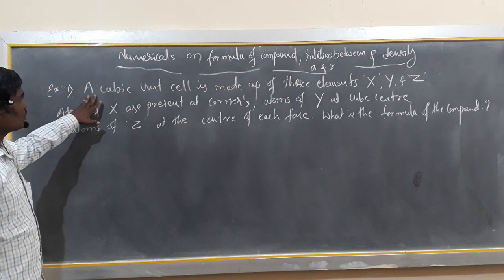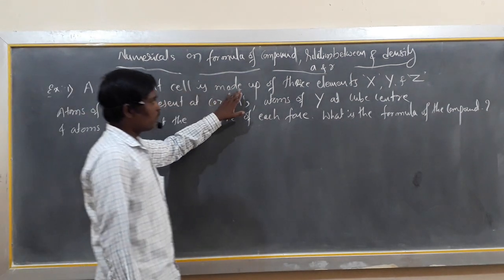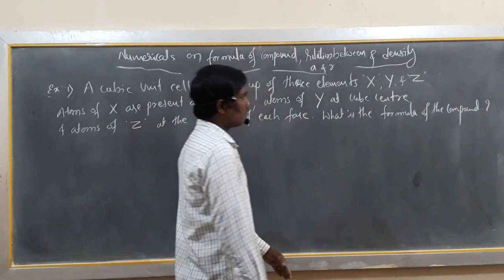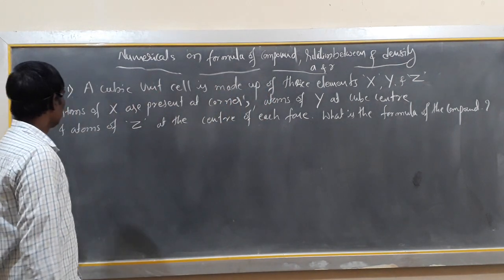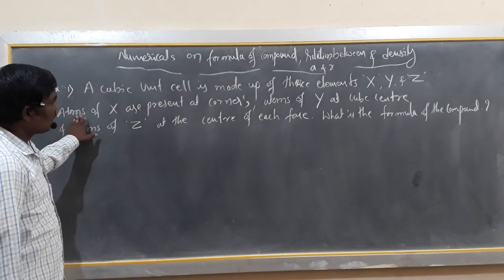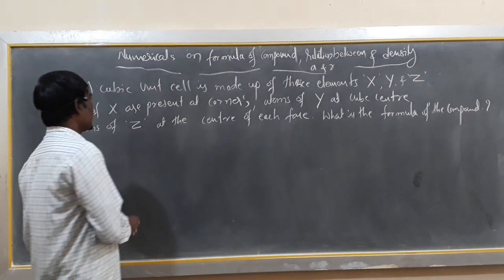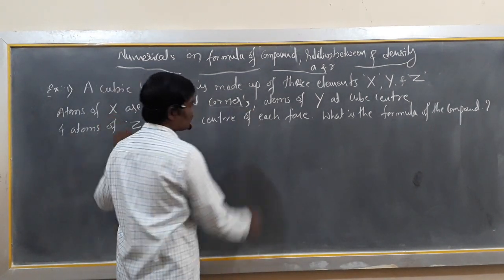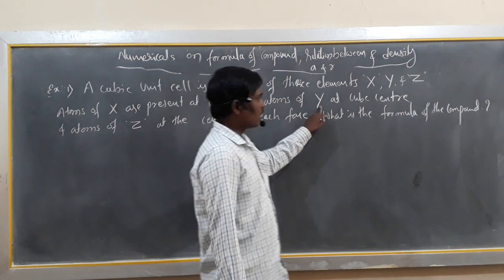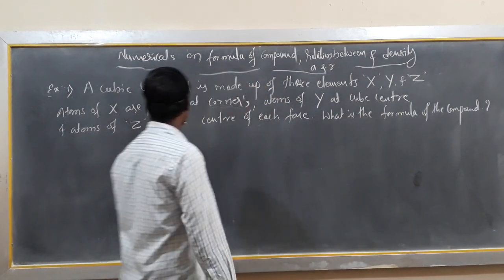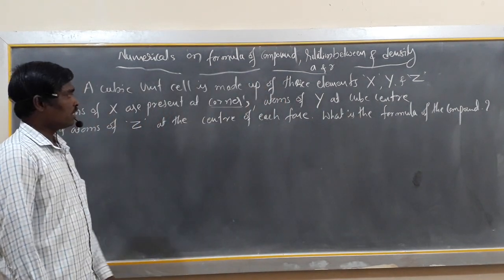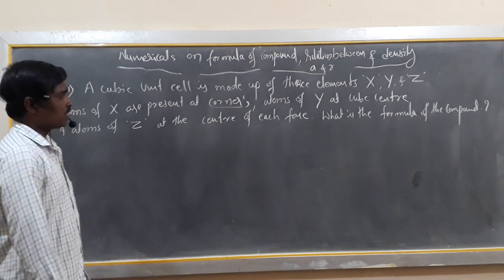Let me read that. A cubic unit cell is made up of three elements, X, Y and Z. The atoms of X are present at the corners, and the atoms of Y at the cube center, and atoms of Z at the center of each face.